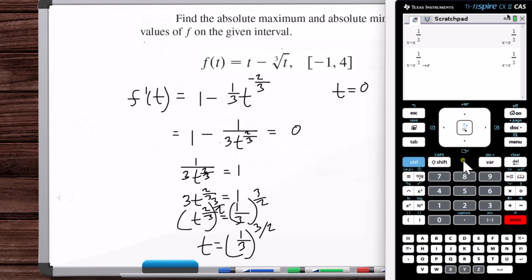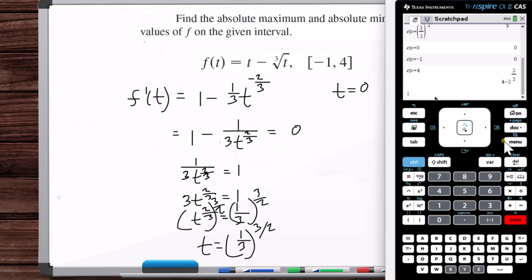Now we want to evaluate e with x equal to 1/3 to the 3/2. There's one point. Now let's put in x is equal to 0. There's another point. Now let's put in x is equal to -1. There's another point. Now x is equal to 4.